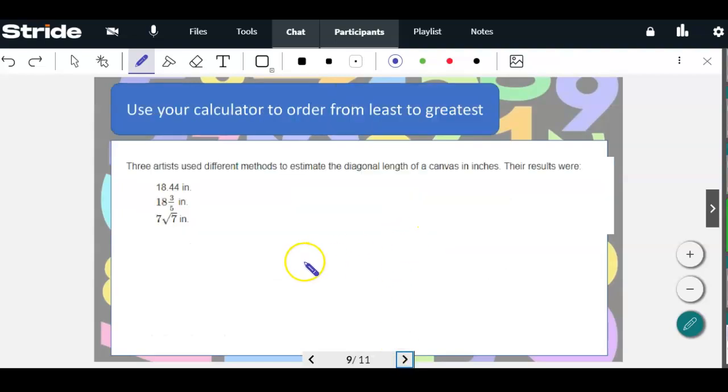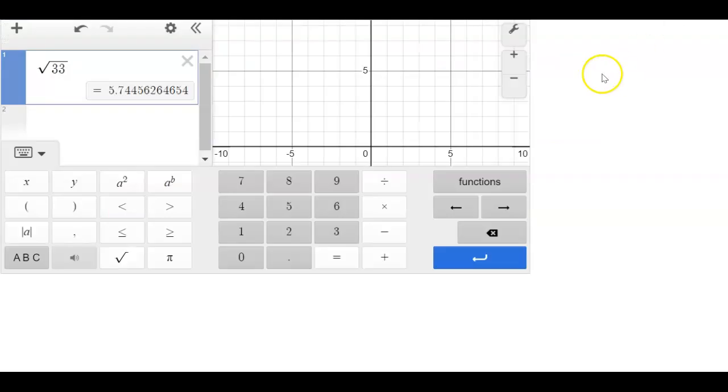Couple more here. So it says 3 artists use different methods to estimate the diagonal length of a canvas in inches. These are their results. We need to change each of these to decimals. Now remember, you can go in there and do the number line on the calculator. I mean, just as a real quick review on that.